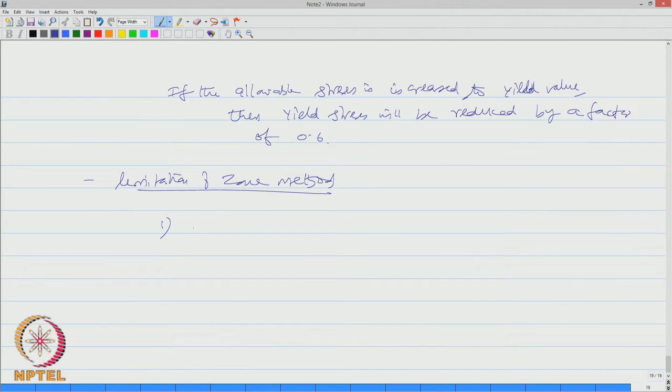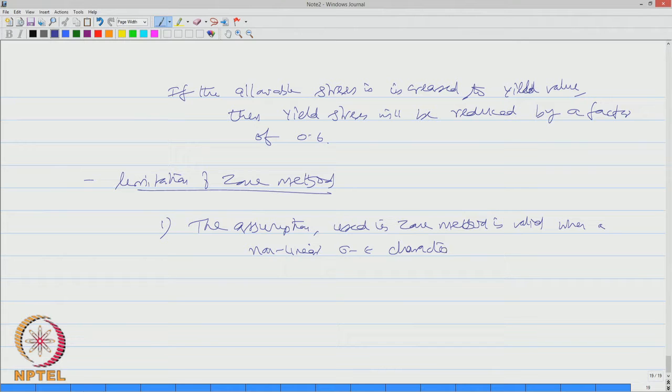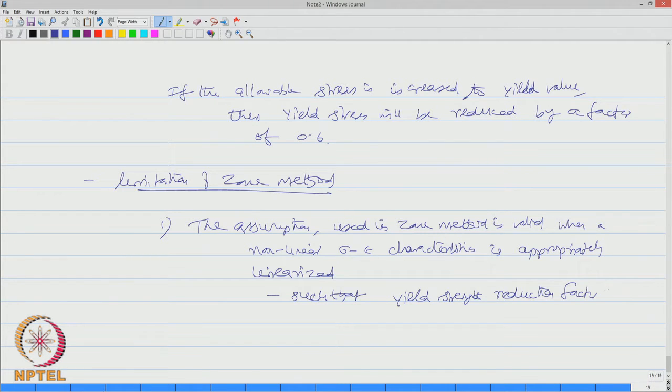One, the assumption used in the zone method is valid when a nonlinear stress strain characteristic is appropriately linearized such that the yield strength reduction factor matches the reduction in modulus of elasticity also.